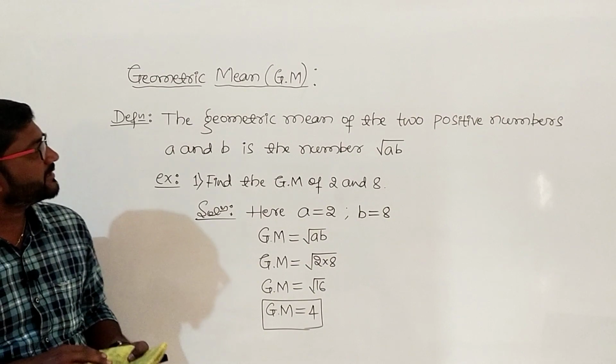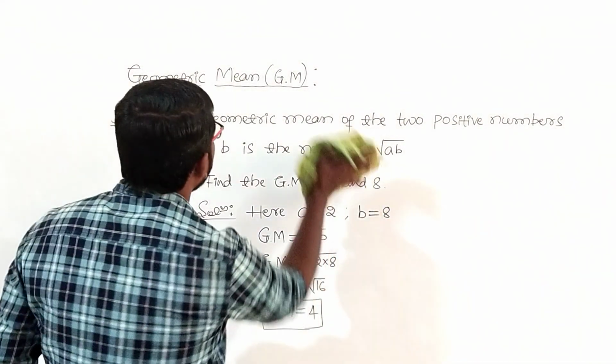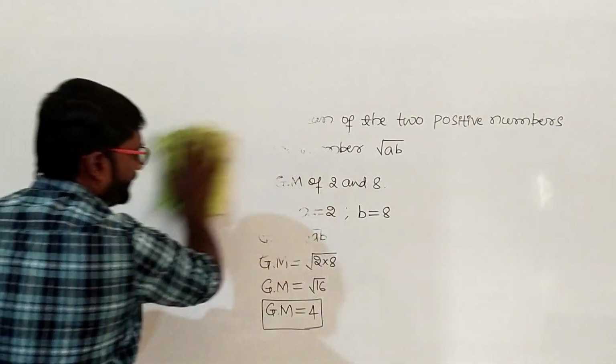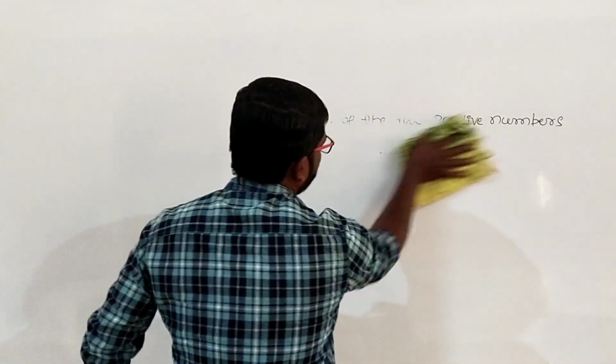And next we will discuss the relationship between AM and GM, that is the arithmetic mean and the geometric mean. What could be the relation?